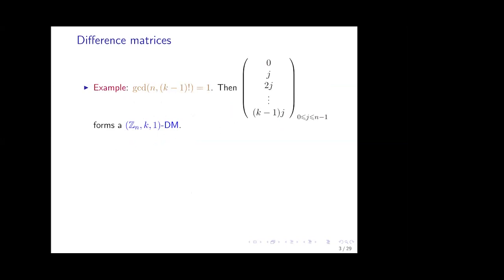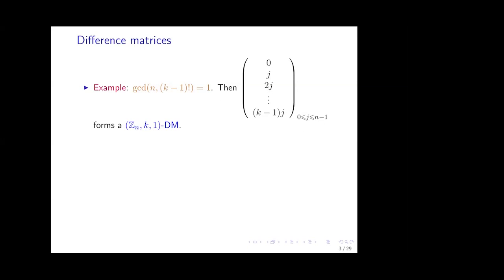Now we construct a cyclic group of order n, (Zn, k, 1) difference matrix. It is a matrix consisting of k rows and n columns. This is its jth column. The first row is all 0. The second row is j, where j runs from 0 to n minus 1. The third row is 2 times j, and so on.